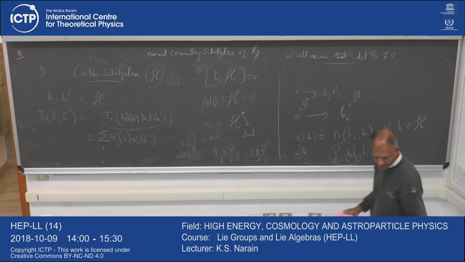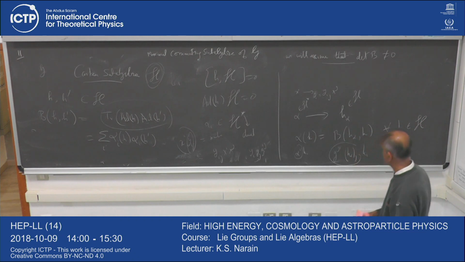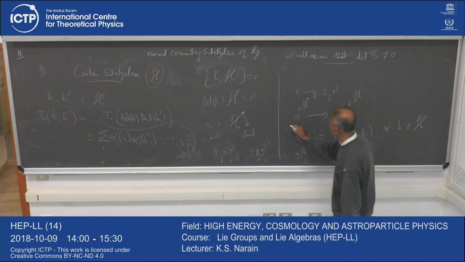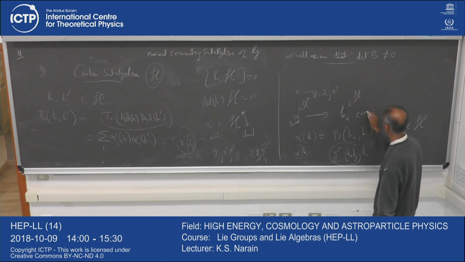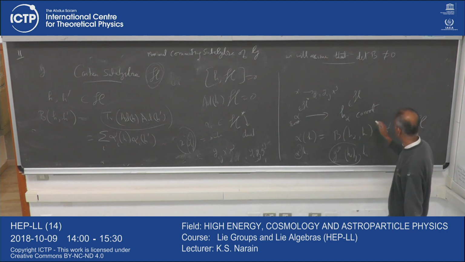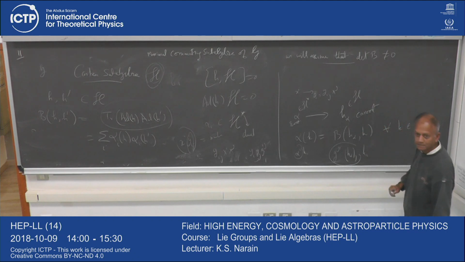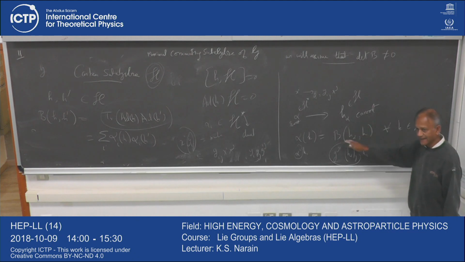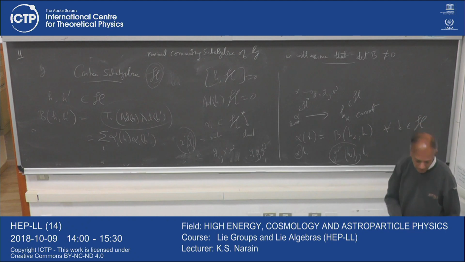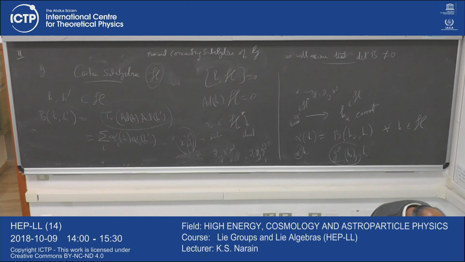Okay, so that's the definition. By the way, this is the terminology. This is called a root, and this is called a co-root. So this is defined by that equation.